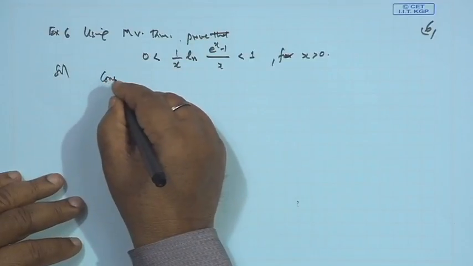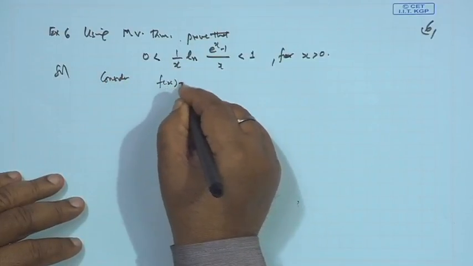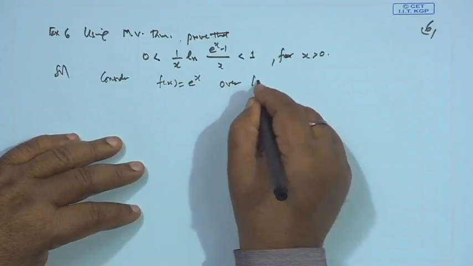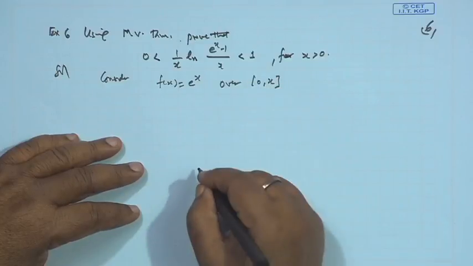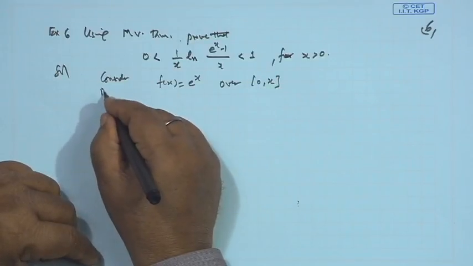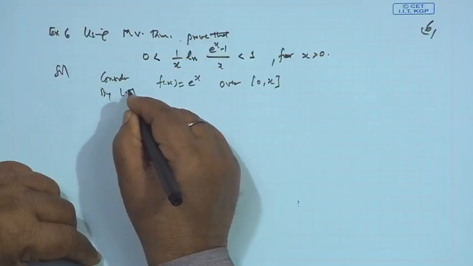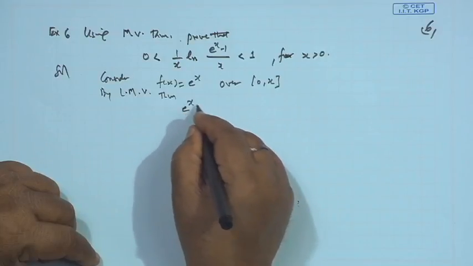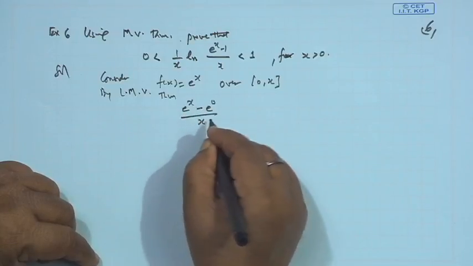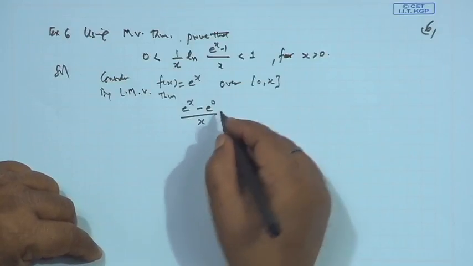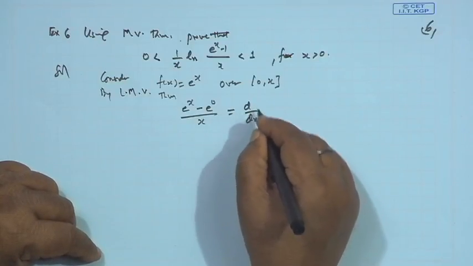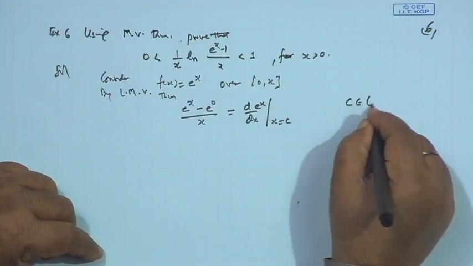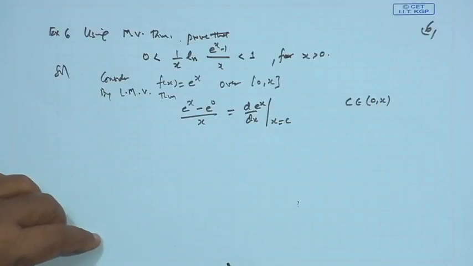So, consider the function f(x) = e^x over the interval 0 to x. Then by Lagrange's mean value theorem, we get the value of the function at the point x minus the value of the function at the point 0, divided by x, is equal to the derivative of the function e^x at the point x = c, where c lies between 0 and x.